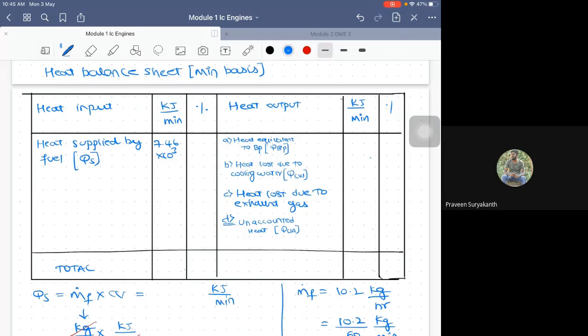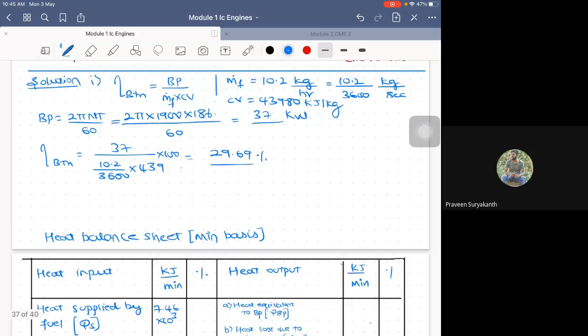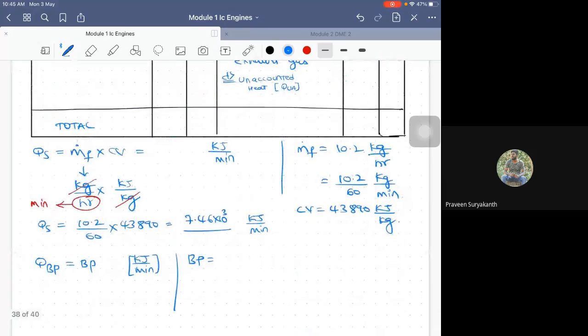Now go for QBP. QBP is nothing but the value of BP, but what is the criteria? The unit should be in kilojoules per minute. BP is equal to 37 kilowatts. What do you mean by kilowatts?